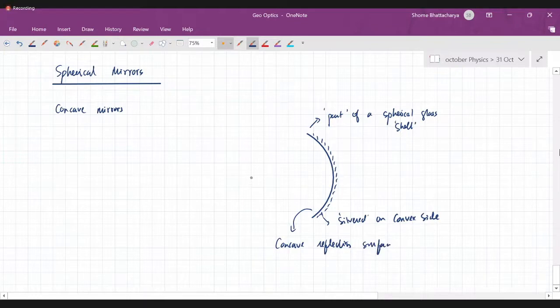So this was, let's say, the center of curvature. This is R. So R is the so-called radius of curvature.